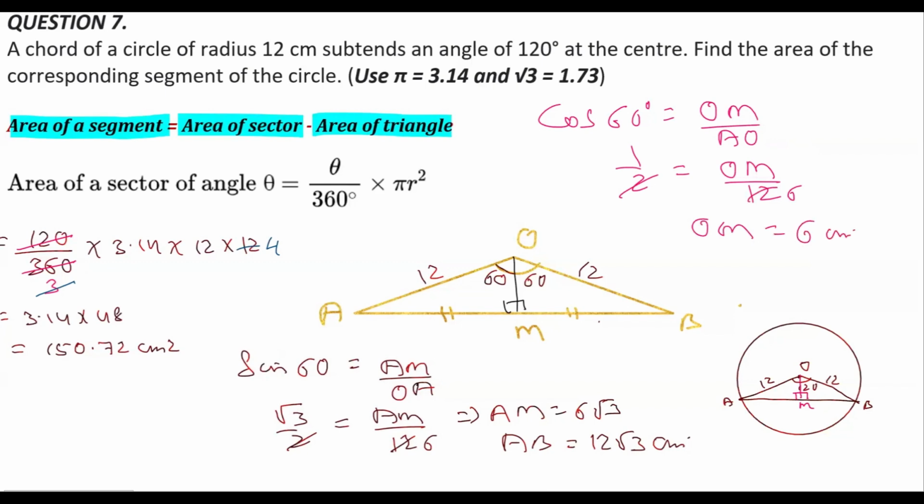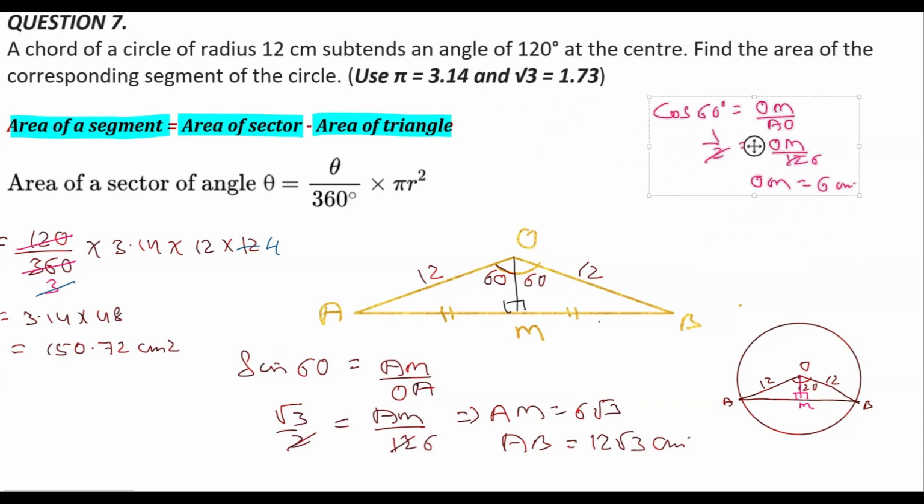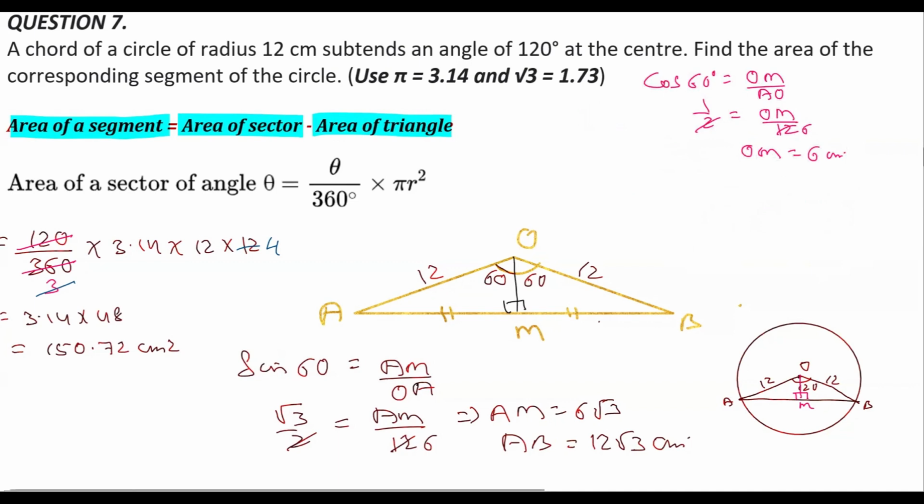So once we got the base as well as the altitude, now we can find the area of this triangle, applying half base into height. So the area of triangle AOB is equal to half multiplied by base, which is AB as per the figure, and altitude is OM.